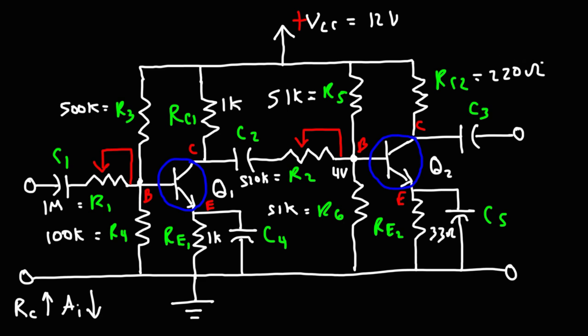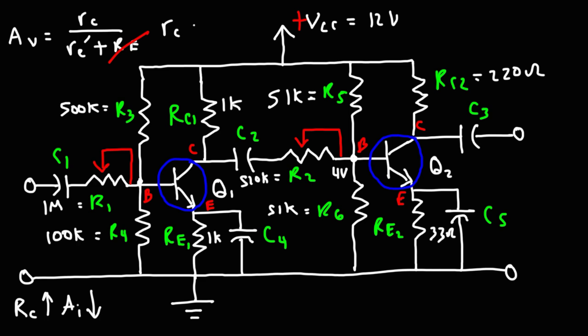So that's why I don't want this value to be too high, because I want to have a high current gain in the second stage of the amplifier. But there's a trade-off too. As we said before, the voltage gain is equal to the AC collector resistance divided by the AC emitter resistance plus RE. Now granted, we've bypassed RE, so we don't need to worry about that.